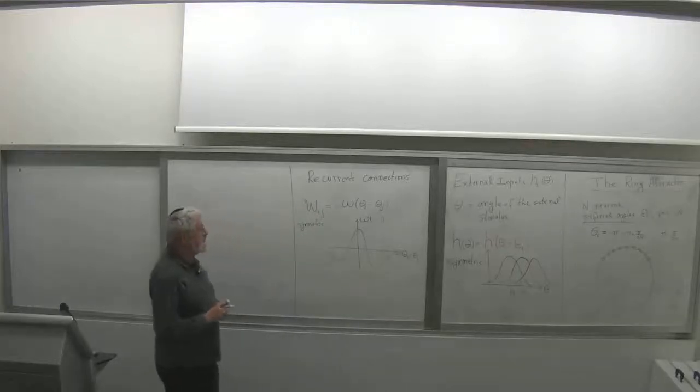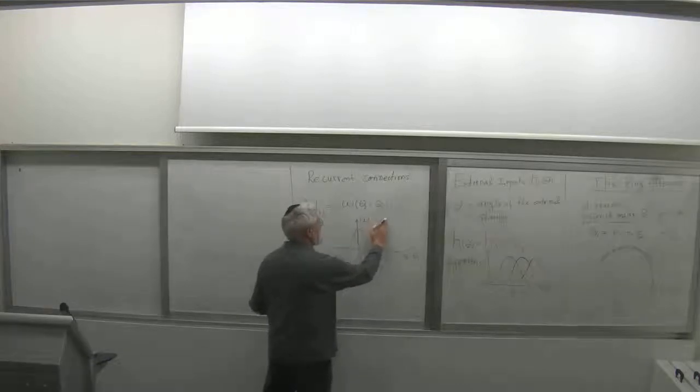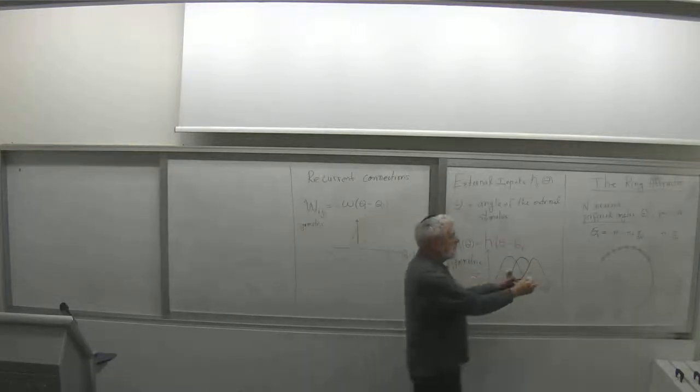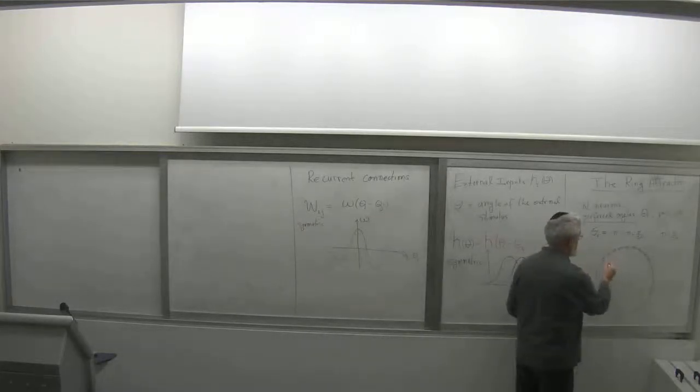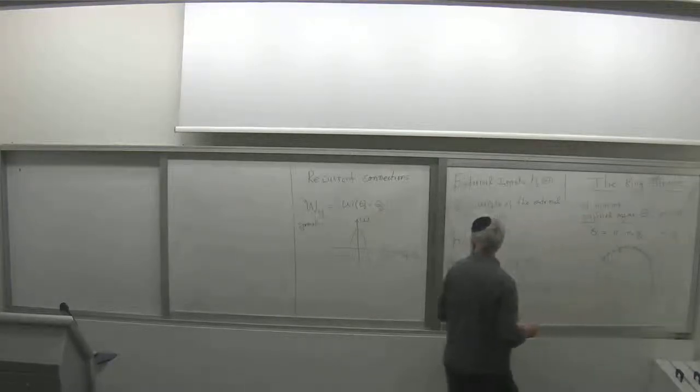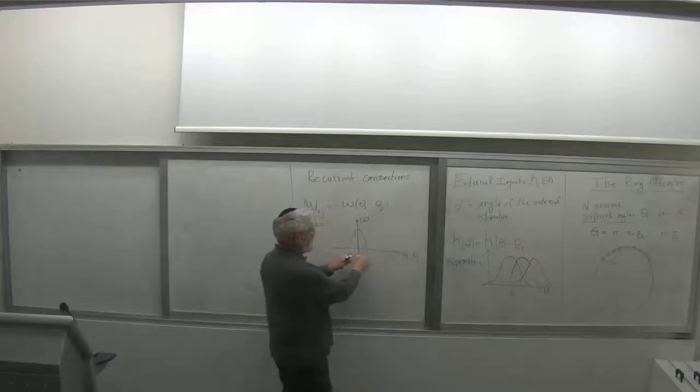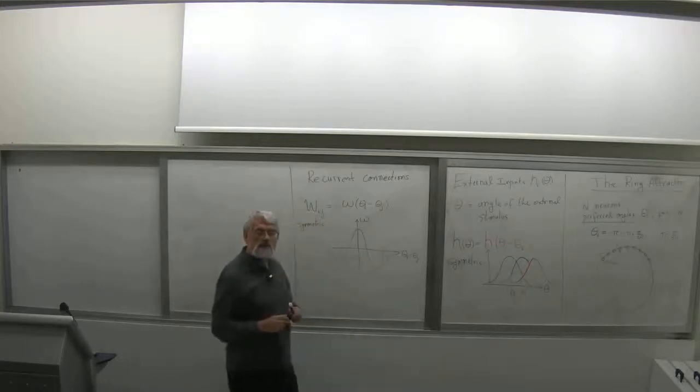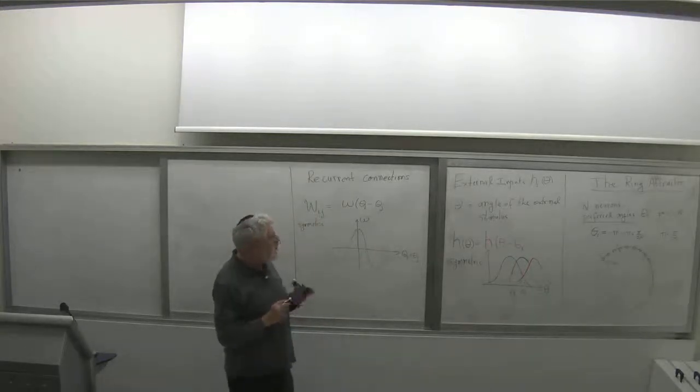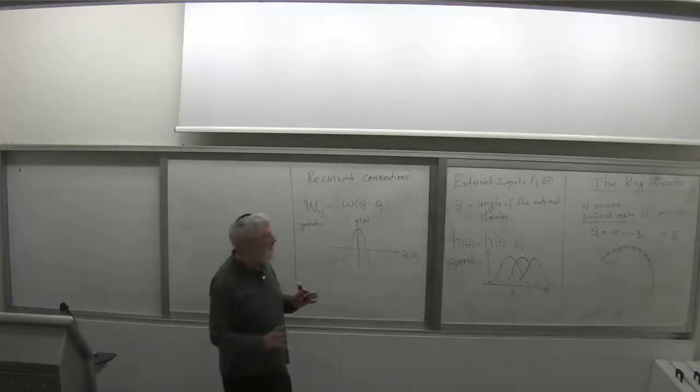So a kind of Mexican hat structure, which means that neurons which are nearby on the ring are exciting each other, and neurons which are far away are inhibiting each other. So essentially, these are the main ingredients.